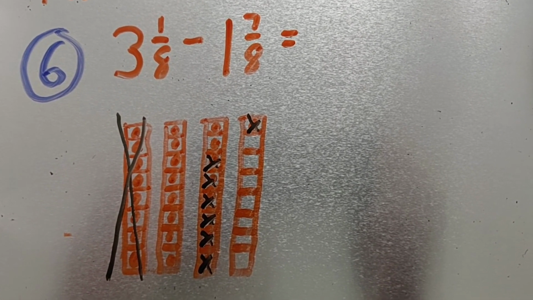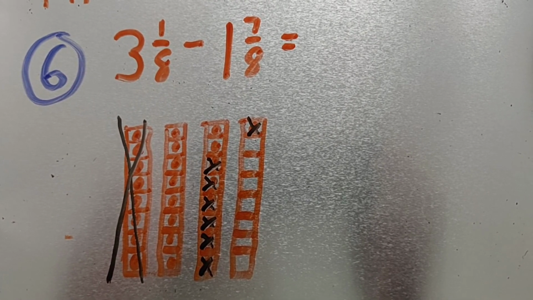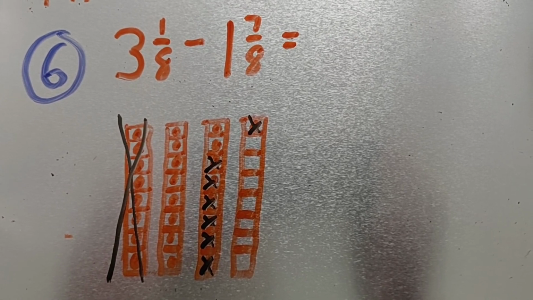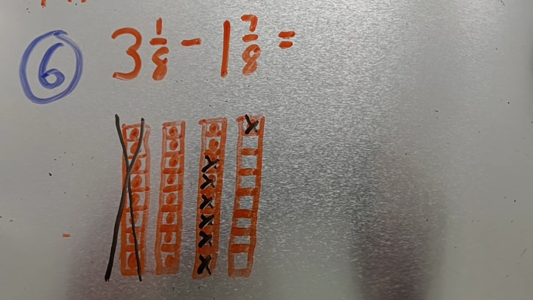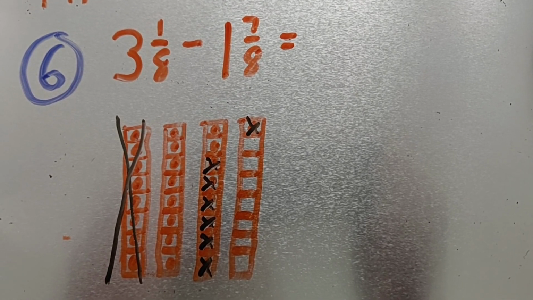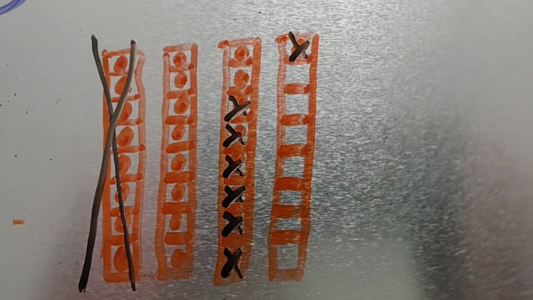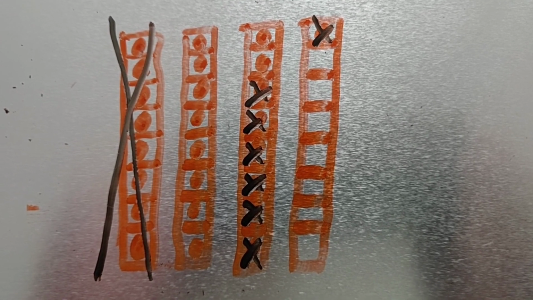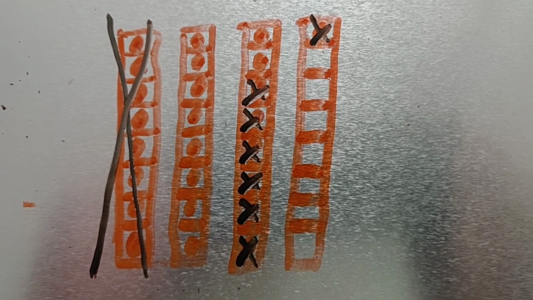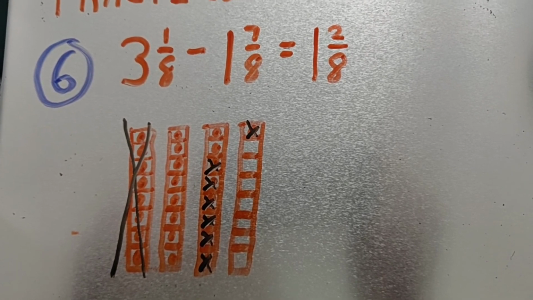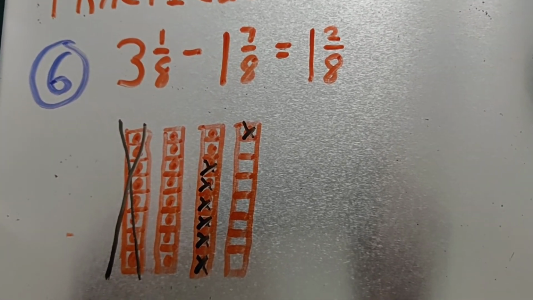I took away the 1 whole on the left, and then for the remaining 7/8 from 1 and 7/8 that I needed to take away, I crossed each 1/8 out from the right very carefully to make sure I crossed 7 of them out. And then you can see that leaves us with how many wholes? 1 whole. And how many eighths left? 2 eighths. So it leaves us with 1 and 2/8. So 3 and 1/8 minus 1 and 7/8 equals 1 and 2/8.